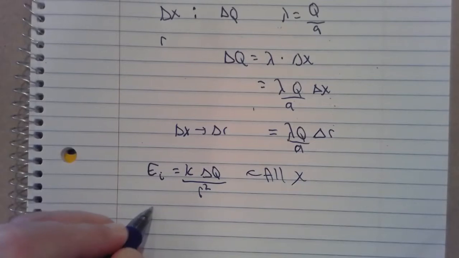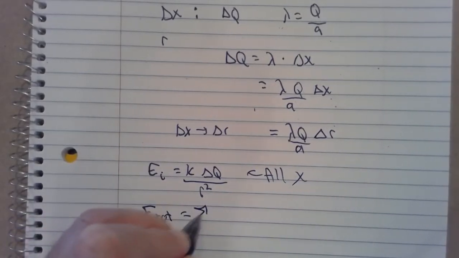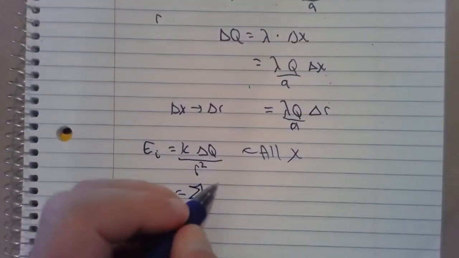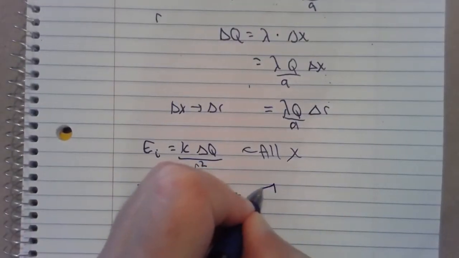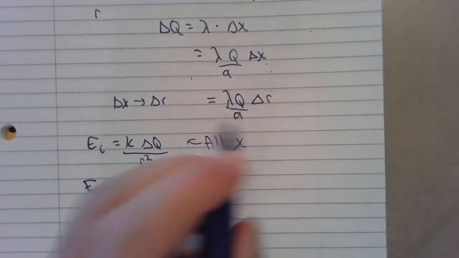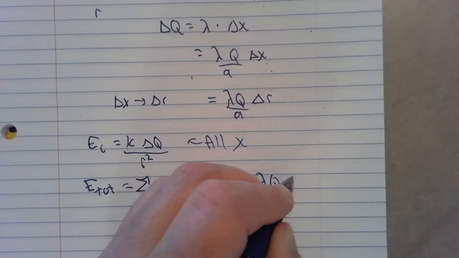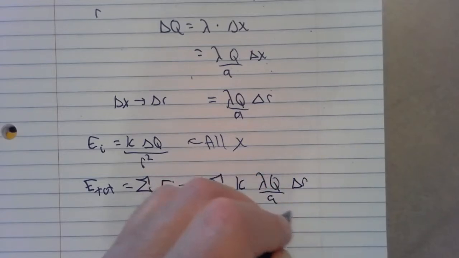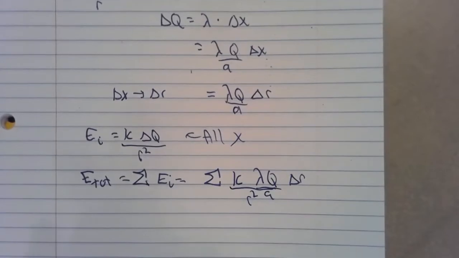Okay, so then E total will just be the sum of all of these Ei's. So that's the sum of k lambda, q over a, delta r, over r squared. I can just stick my r squared in here.